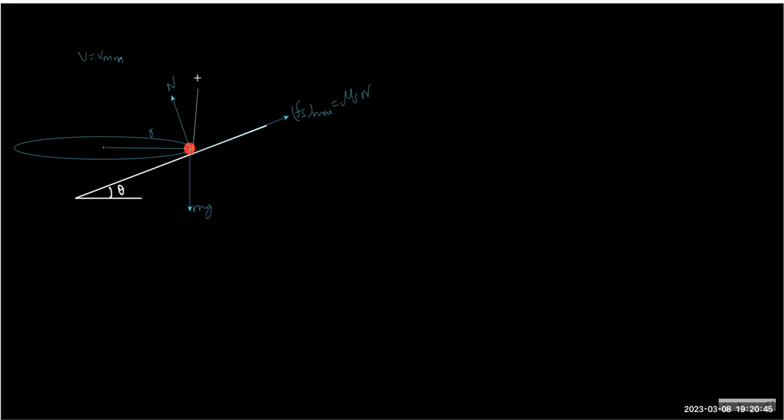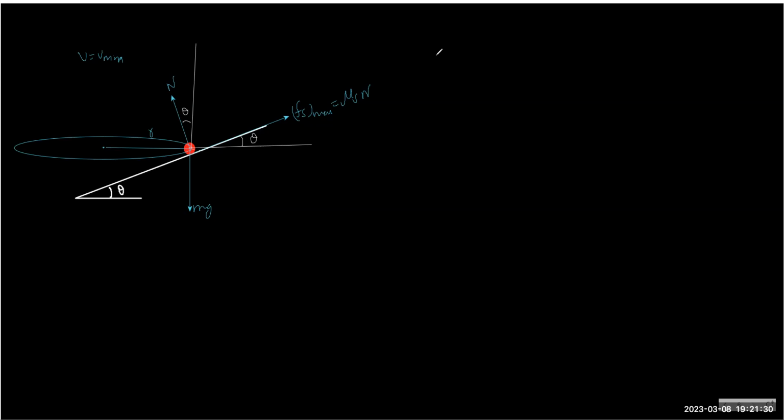You have to resolve both the forces, isn't it? In which direction? So mg is going to be balanced by which forces? Who will balance mg? Normal and Fs max, right? So how are you going to balance the force mg?